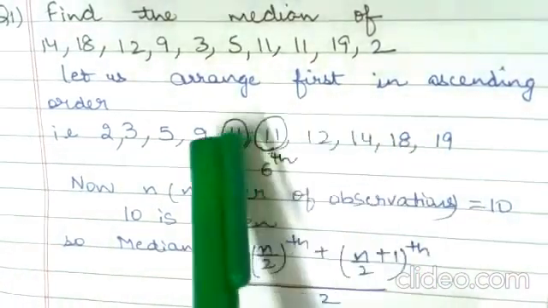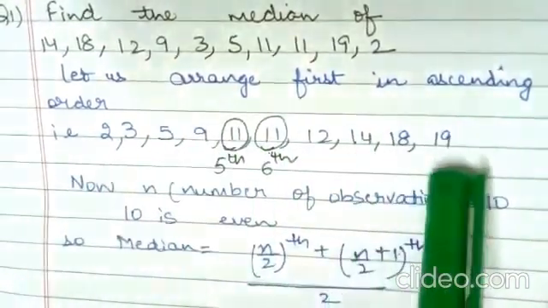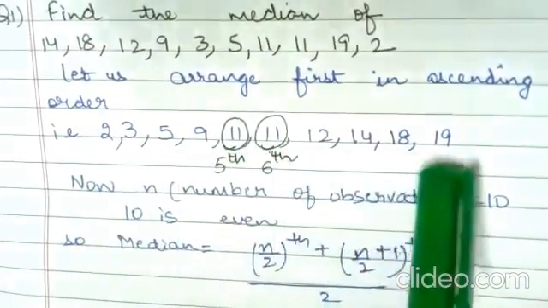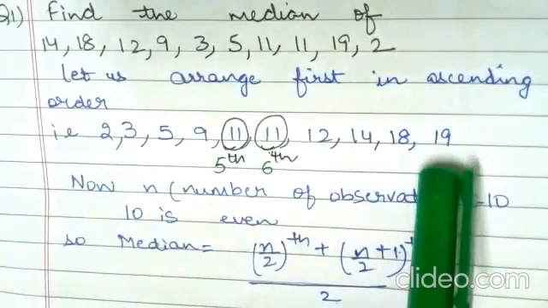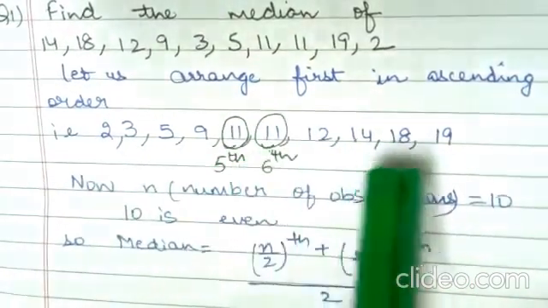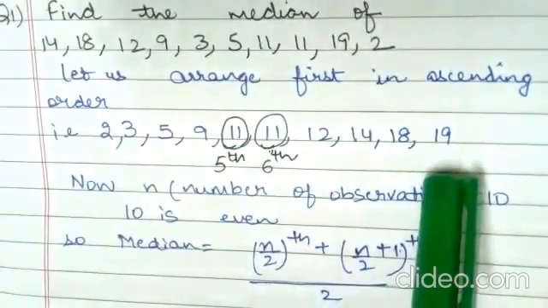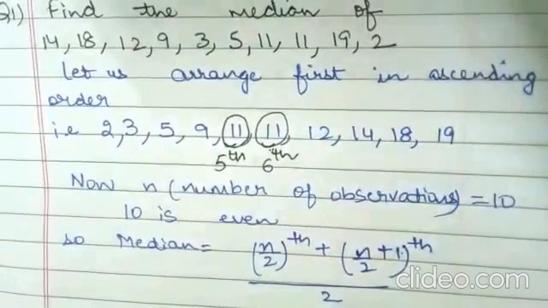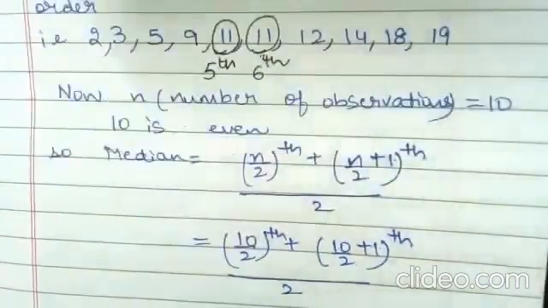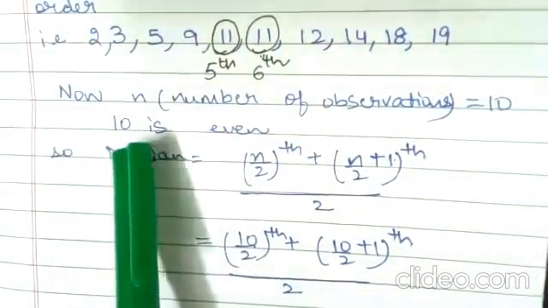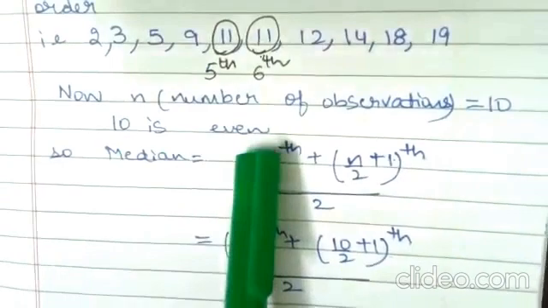Now the first step is done, that is, we have arranged the data in ascending order. Now let us count the number of observations, and we find that the number of observations is 10.